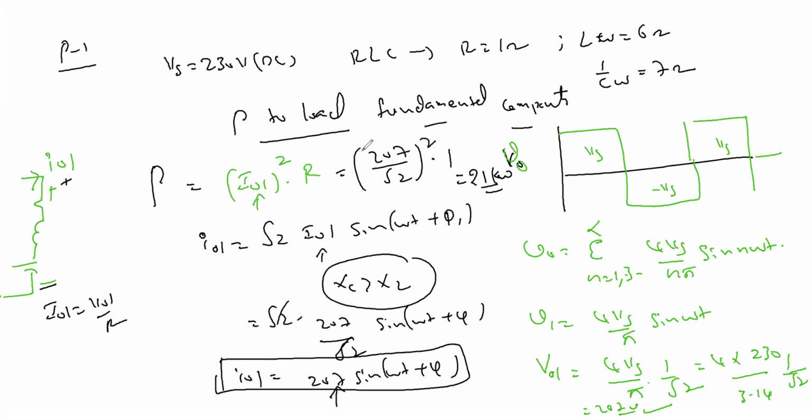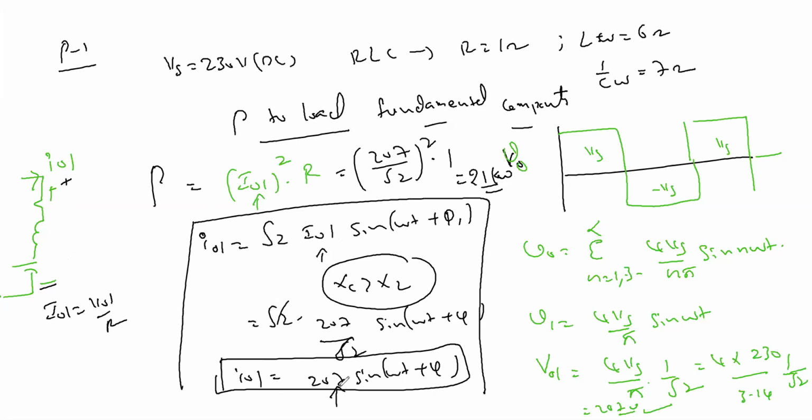How will this fundamental component be obtained? So this is the instantaneous value I took. I01 is the RMS component which I mentioned, into root 2 is the maximum value. But I01 is V01 by R. V01 by R is this one. It cancels out.